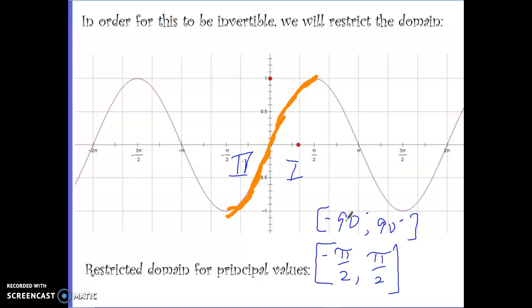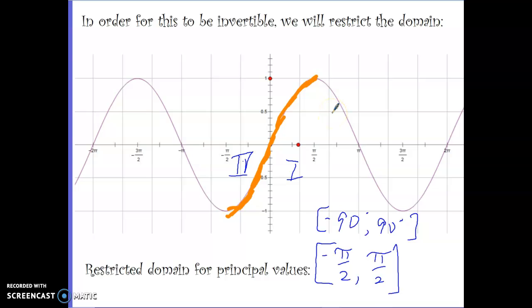So if I had a question like sine of 1/2, you can see that in my regular sine function, I would have multiple places where sine was positive. If I restricted it from 0 to 2 pi, which is what we've been doing in class, or 0 to 360 if you want to think about it in degrees, we would have an answer in the first quadrant and also in the second quadrant.